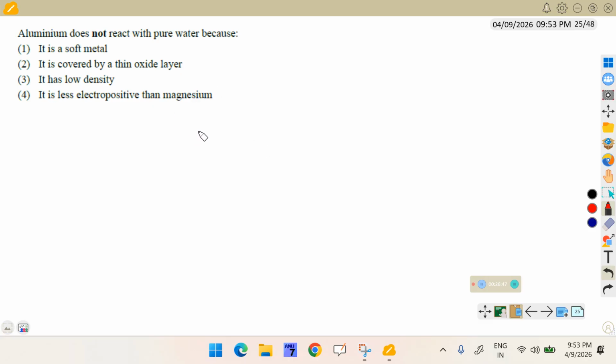Aluminium does not react with pure water because it is covered by a thin oxide layer. Nothing but aluminium is passive, the passivity concept.